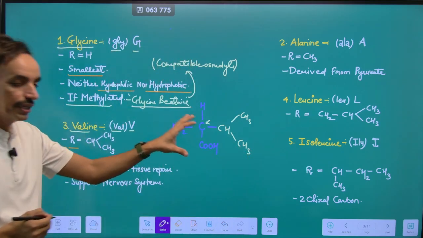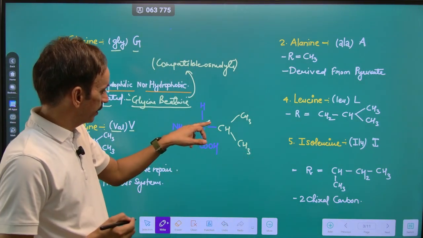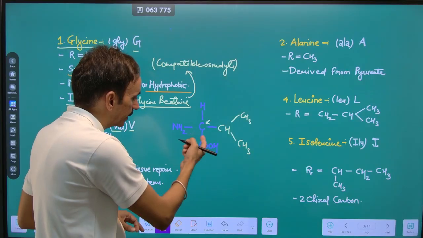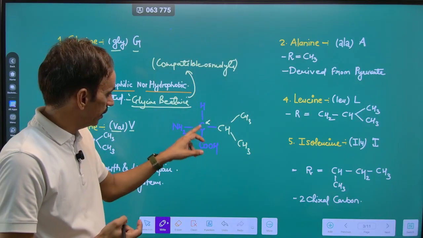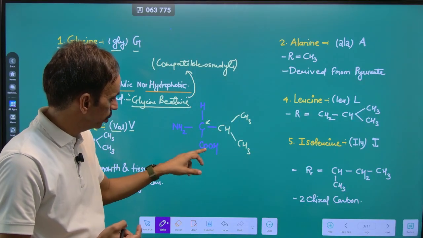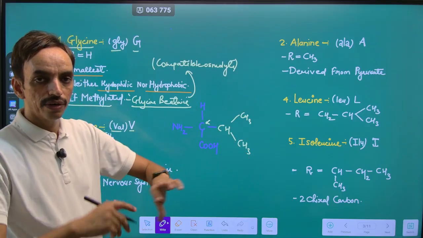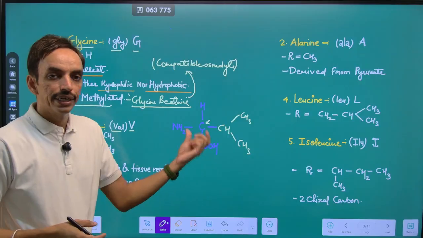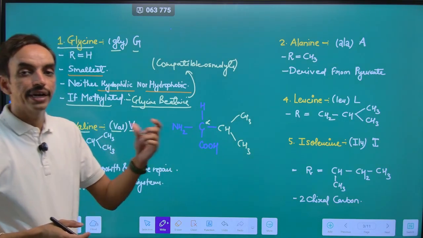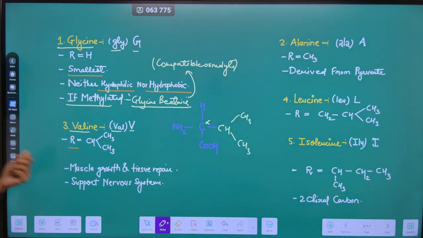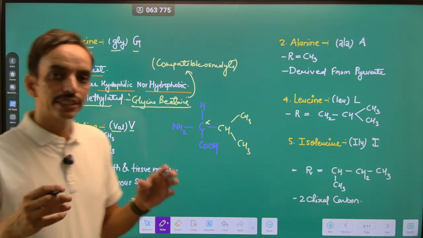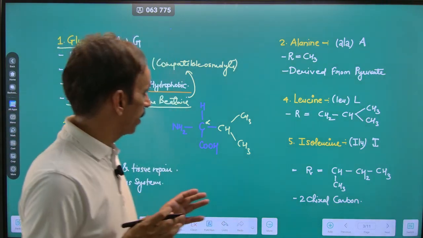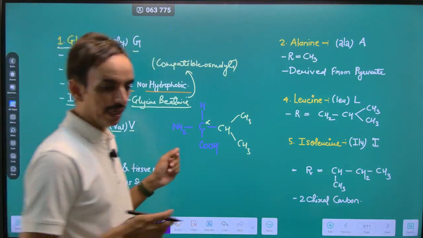Now this molecule has one chiral carbon, whose valencies are satisfied by H, NH2, COOH and this group. So four different groups are attached, so we can say it has a chiral carbon and it is optically active. Valine helps in muscle growth and tissue repair, and it supports the nervous system.